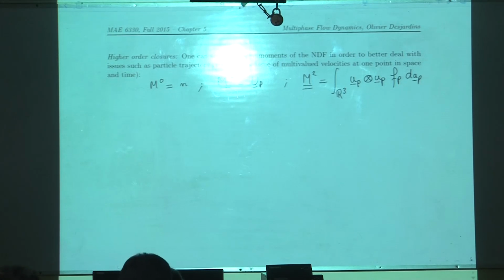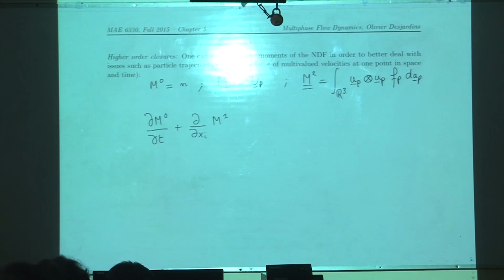The equation you get for m0 is exactly the same one as the one we wrote before. You have an evolution equation for m0. I'm sorry, there should be an n here. That looks like this. This is your equation for m0.